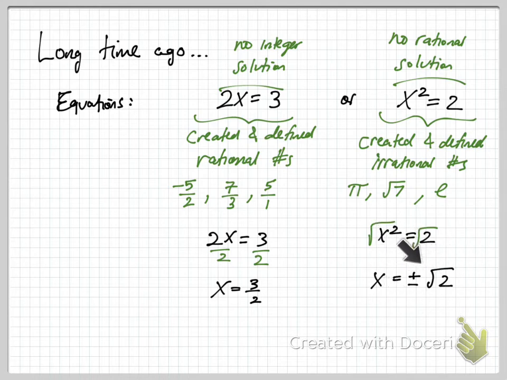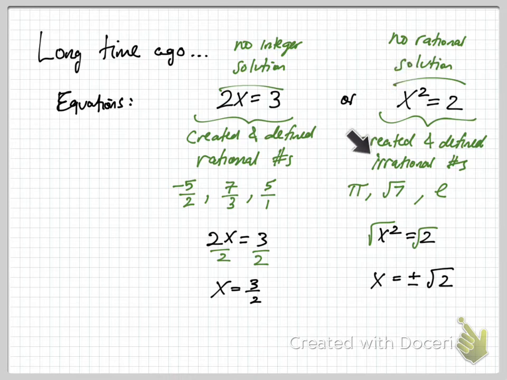And since positive square root of 2 times positive square root of 2 will give you positive square root of 4 inside, that means that when you square it, you can get 2. And when you multiply negative square root of 2 with negative square root of 2, it becomes a positive, so it'll be positive square root of 4, and the square root of 4 is again 2, so that again satisfied this equation.